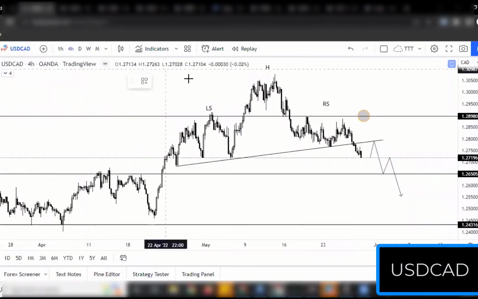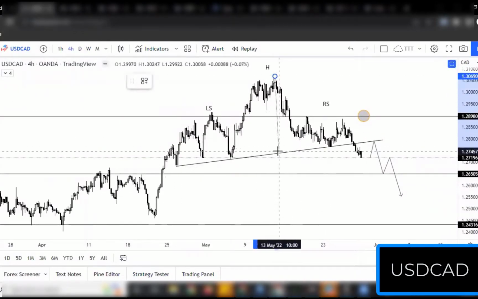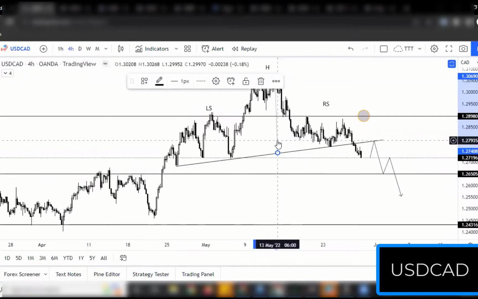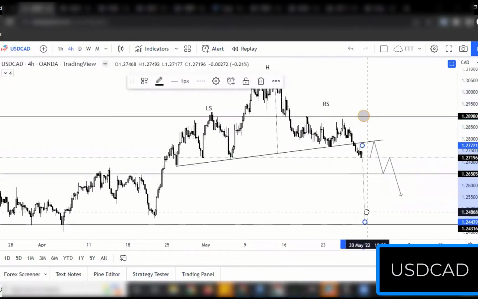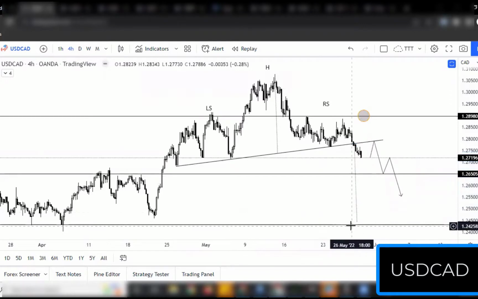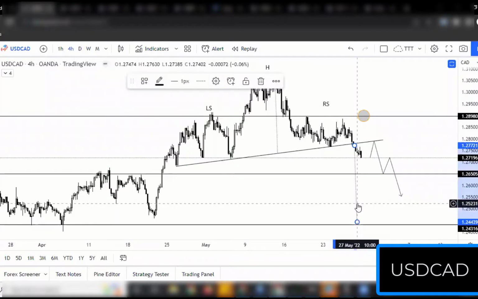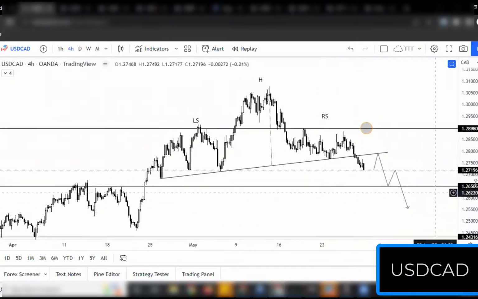The target for this head and shoulder is right in this area, 1.24300. But I'm not giving you very big targets for this week. Just remain realistic with sell on strength.